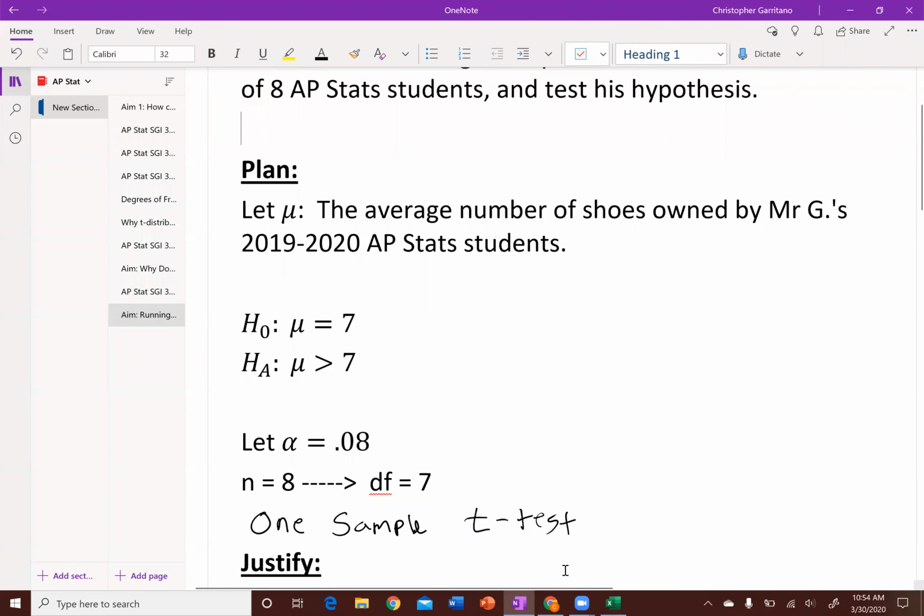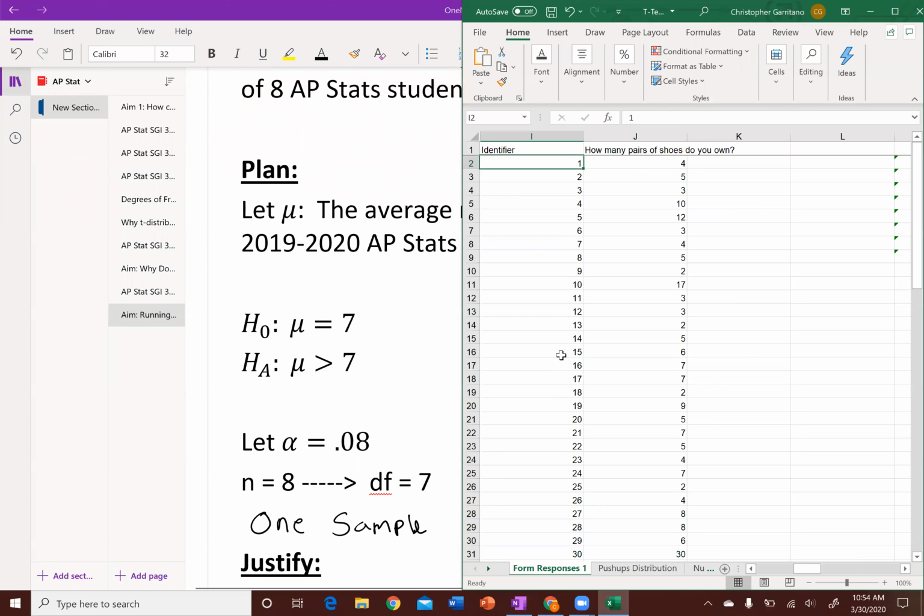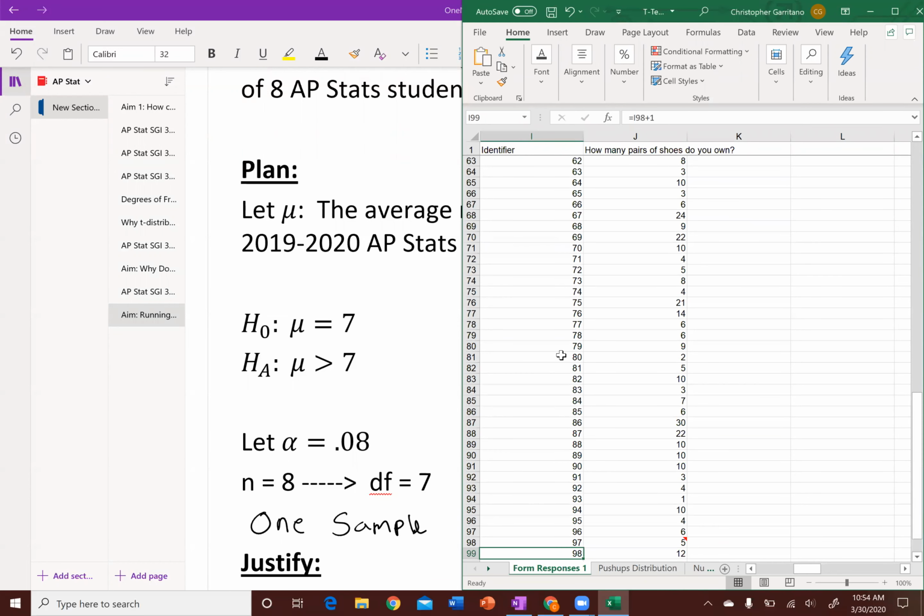Let's go ahead and look at the population. This right here is the data that you sent me. I'm looking at the question that asked, how many pairs of shoes do you own? I've assigned each student an identifier, a unique number from 1 through 98.